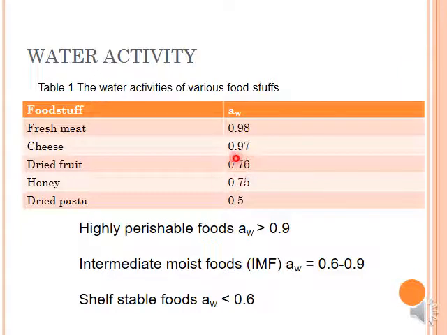It's not as long as shelf stable food like dried pasta, where the water activity value is 0.5. Notice that honey, although it looks very moist, is categorized as intermediate moist food because most of the free water is bound water.